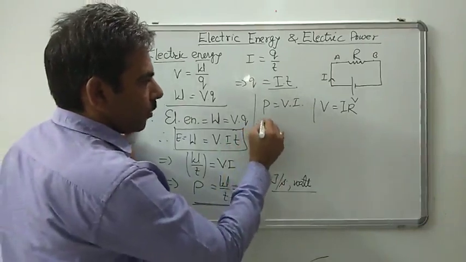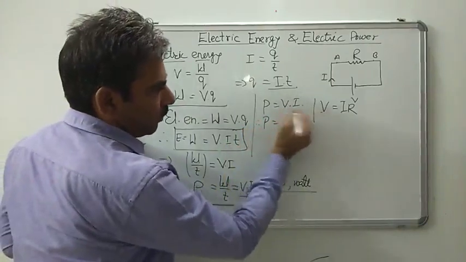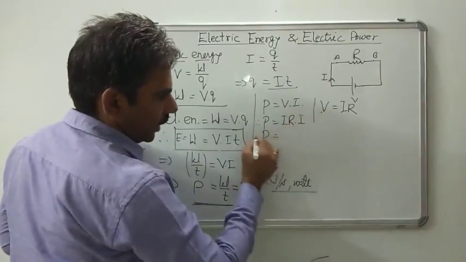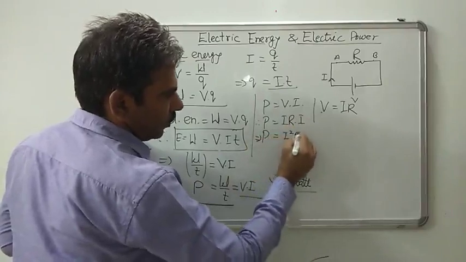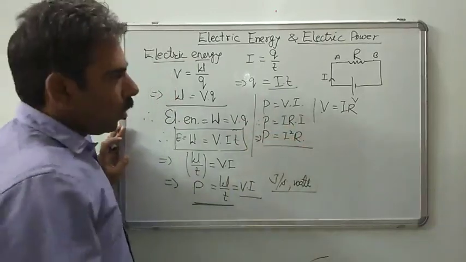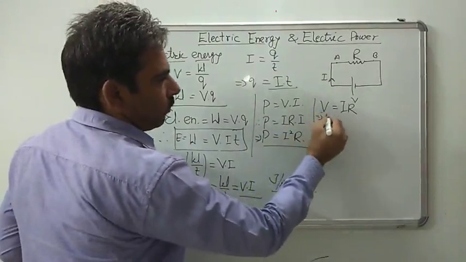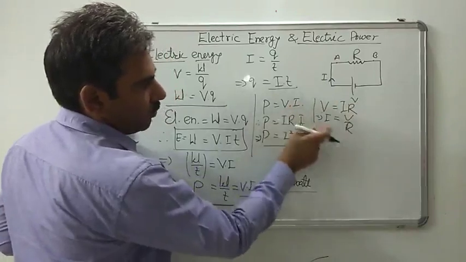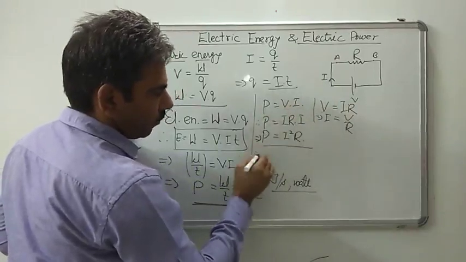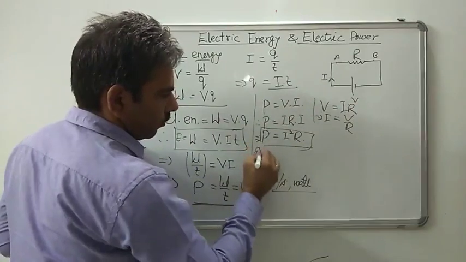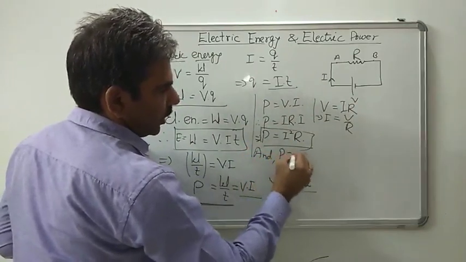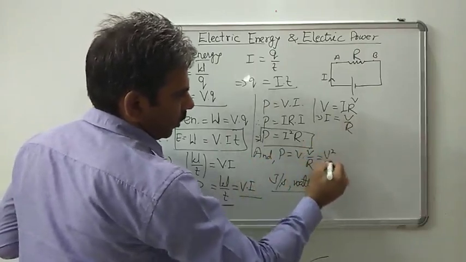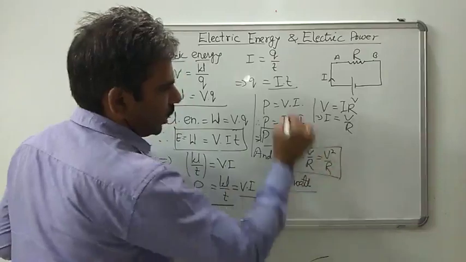So if we substitute the value of V from Ohm's law here, we get I into R into I. That gives us another formula for power, which is I square R. Or in place of I, if we substitute V upon R, we get V square upon R. So we have different formulas for power.